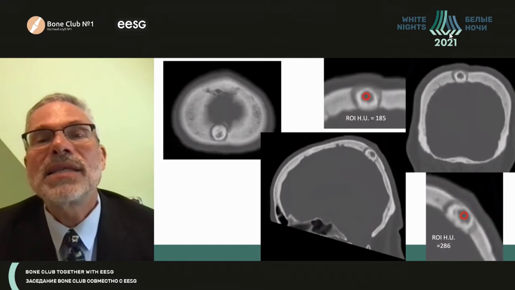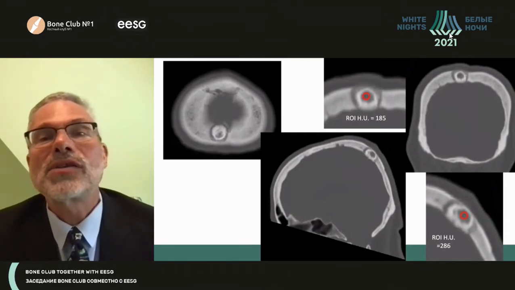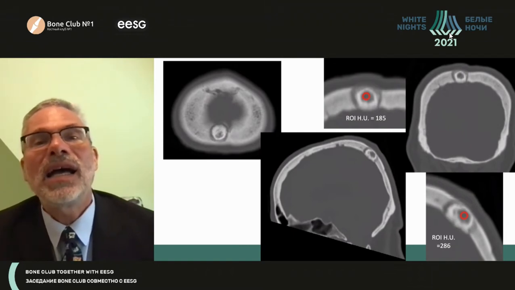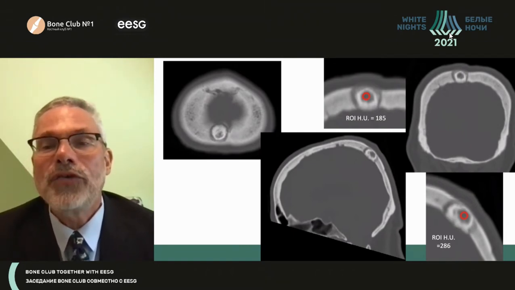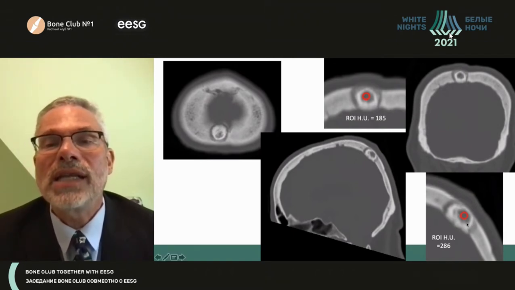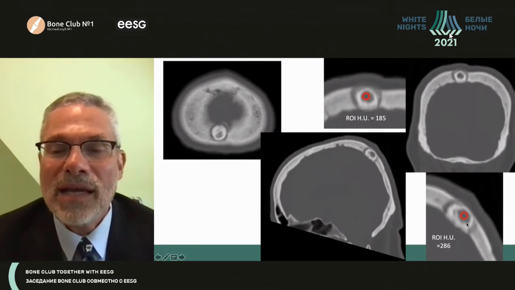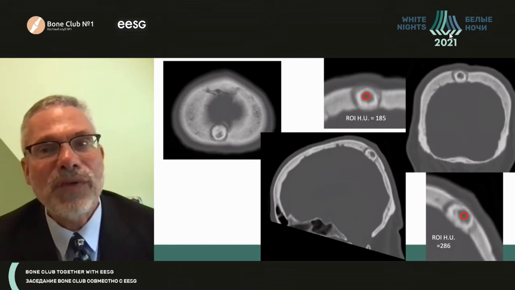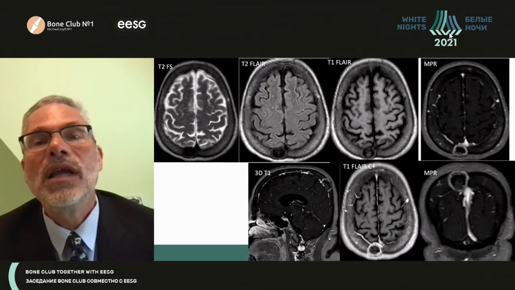Axial CT slices show that the lesion is very well circumscribed with a Hounsfield unit, even in the apparent lytic area, of 185 and 286. So that implies that there is bone forming within this lesion or calcification forming within this lesion.